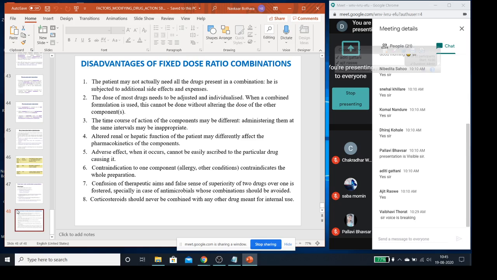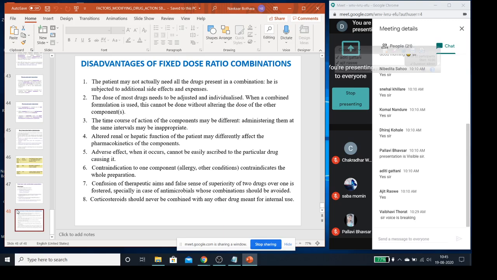Then the second thing is that the time course of action of the components may be different. We know about pharmacokinetics: the drug is absorbed, and let us assume both have different mechanisms of absorption or are not interfering. Then they are metabolized; suppose metabolism is different, no problem.